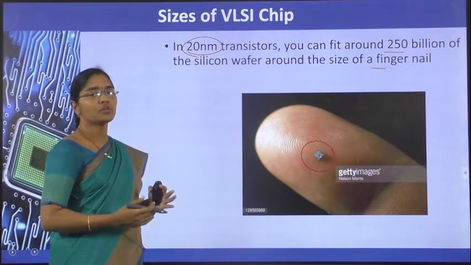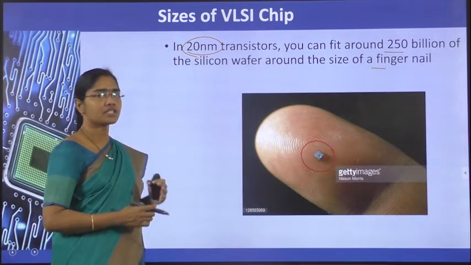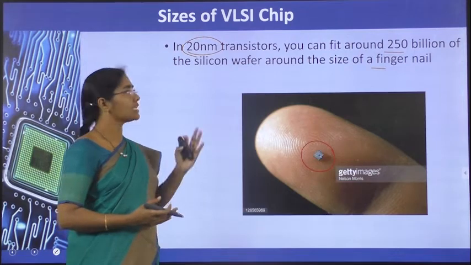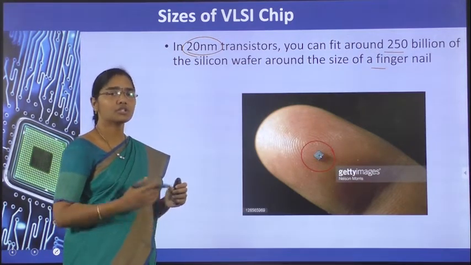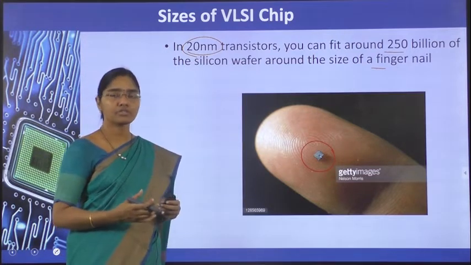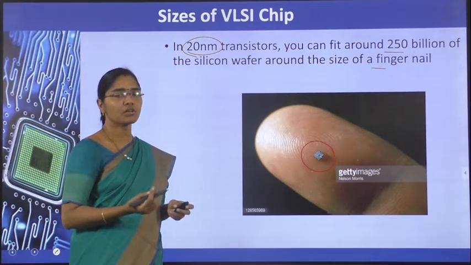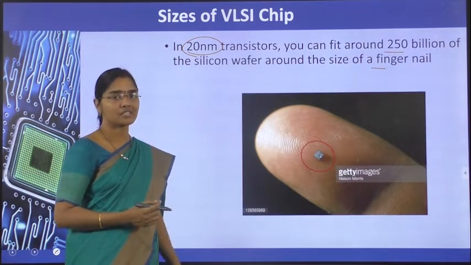Here we say 20 nanometer as an example, but the transistor size may be anything, 180 nanometer, 90 nanometer or 45 nanometer. With this, around 250 billion transistors fit in around the size of our fingernail.